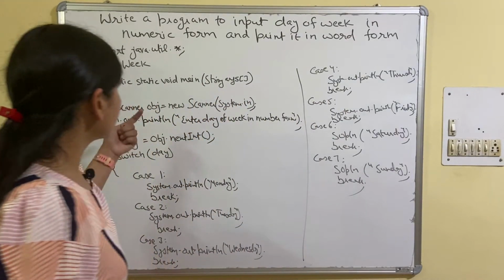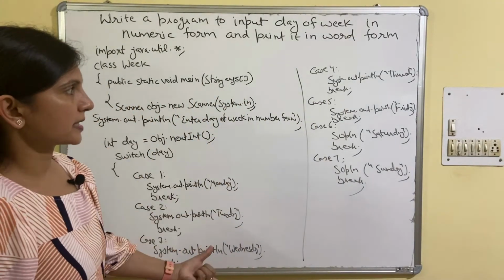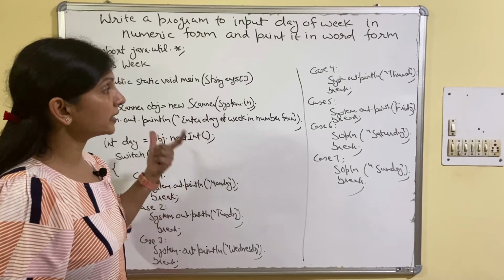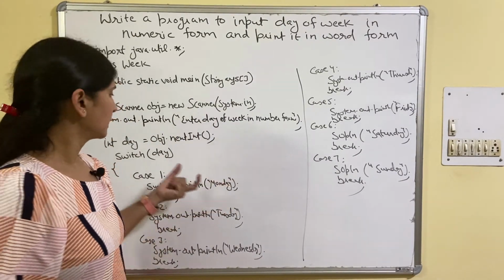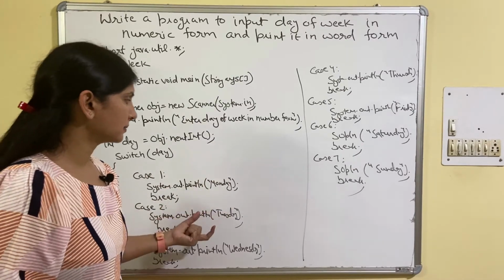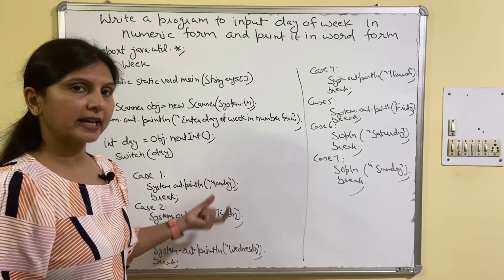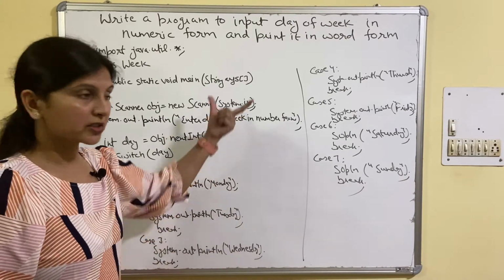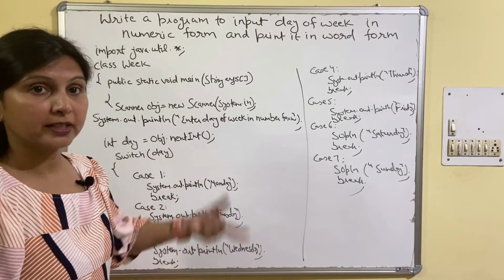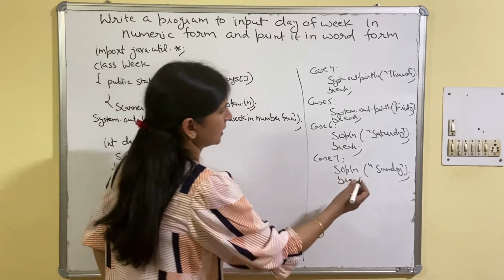Fine. So need to write each and every case. So if you are using if else, then again and again you need to write if condition, if day equals to 1, then System.out.println Monday, else if, or you can use the switch case. We prefer switch case if so many cases are there, if so many choices are there. Fine.